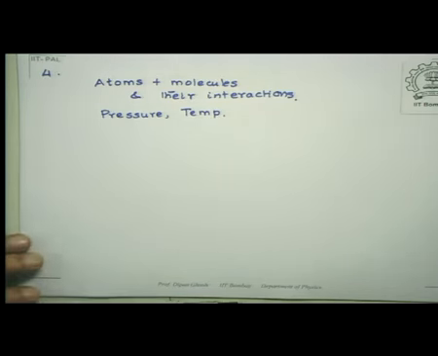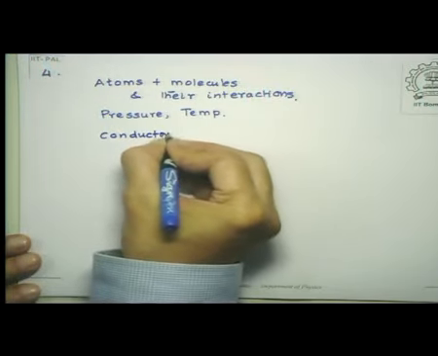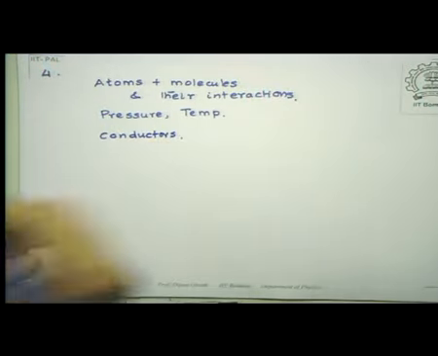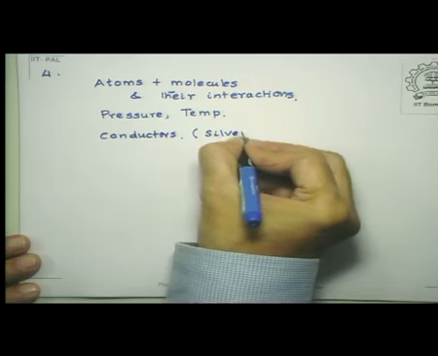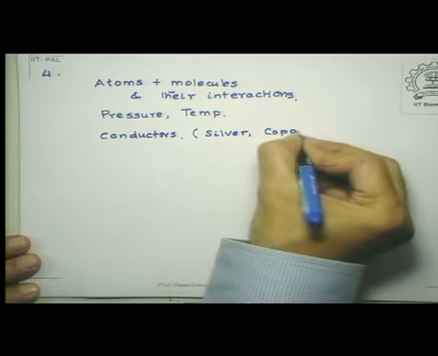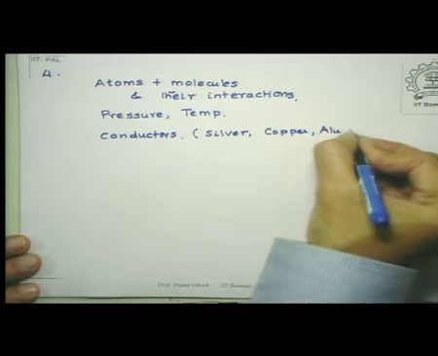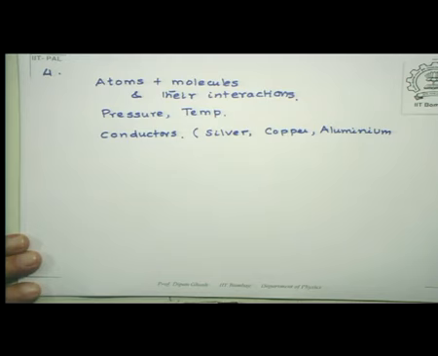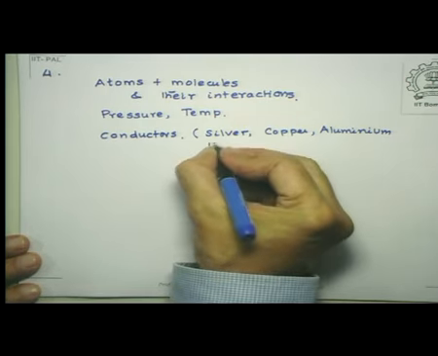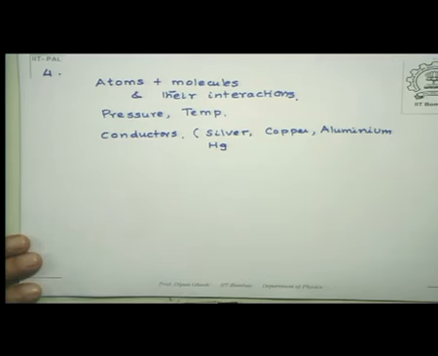But for the purpose of electric current, the class of materials that we are interested in are known as conductors. These are typically substances such as silver, copper, aluminum, etc., mostly in solid state, but of course you also have mercury, which at normal temperature is a liquid and is an exception.